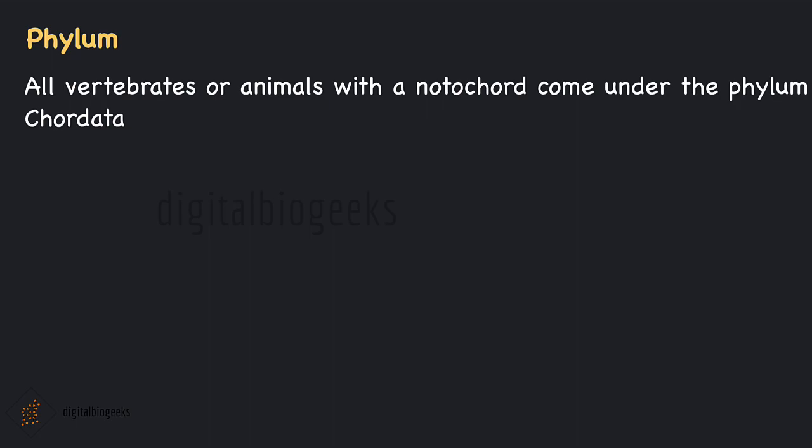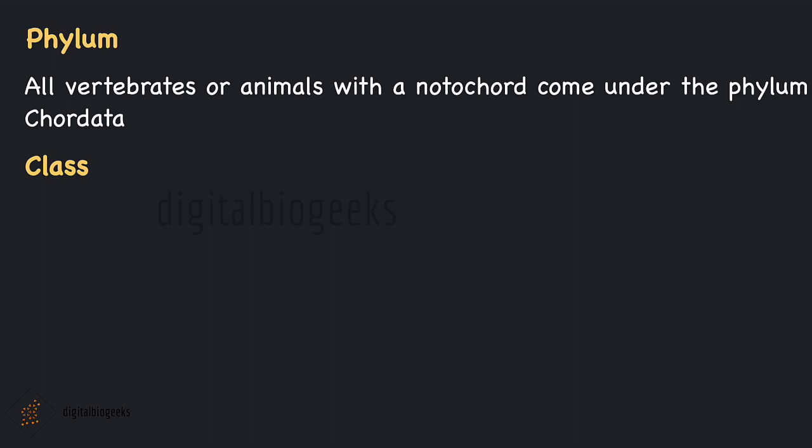For example, all vertebrates or animals with a notochord come under the phylum Chordata. All animals come under the kingdom Animalia, we know that. When they are again categorized, all the vertebrates under the kingdom Animalia come under the phylum Chordata. Traditionally in botany, the term division has been used instead of phylum.